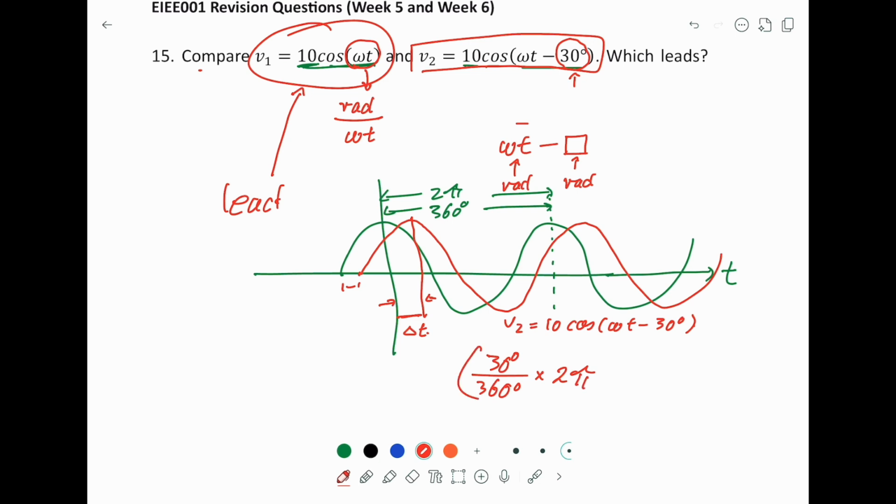So this is the angle in radian. After you convert this and write it as omega delta t, if you know the omega, you can calculate delta t, and this will be the exact time of the shift, or how much later it happened.